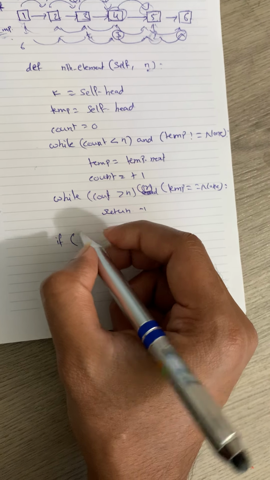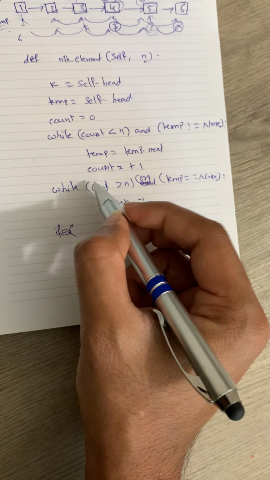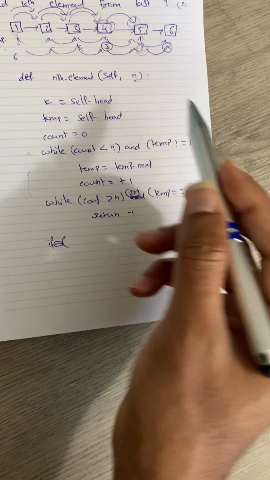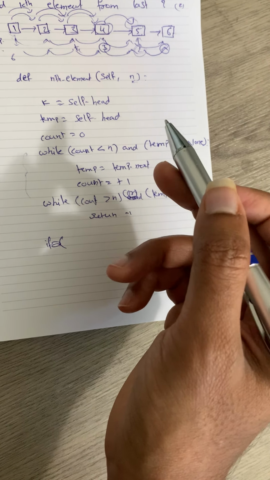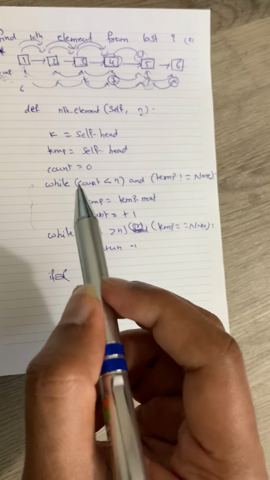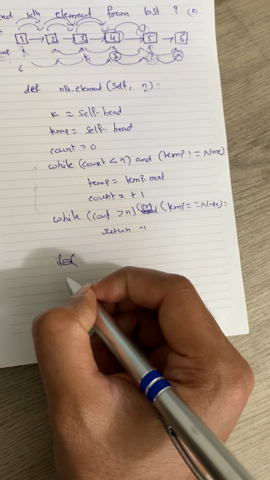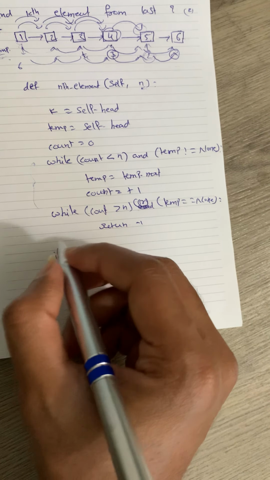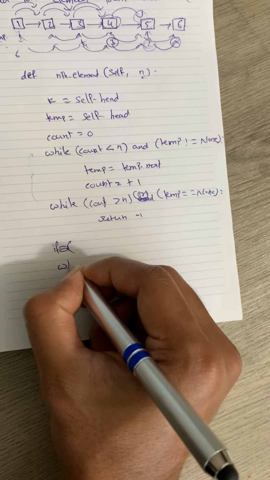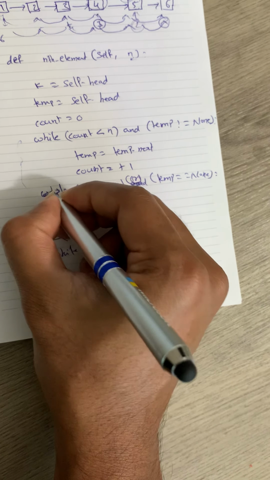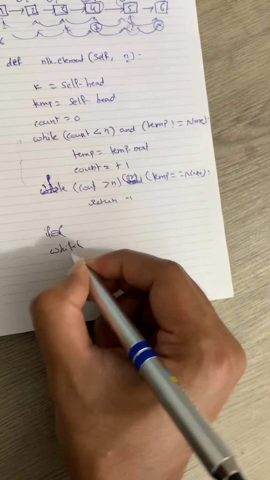So after these two conditions, we know that our nth element lies somewhere within the list. So we have to write a loop here. Actually, this is an if condition.